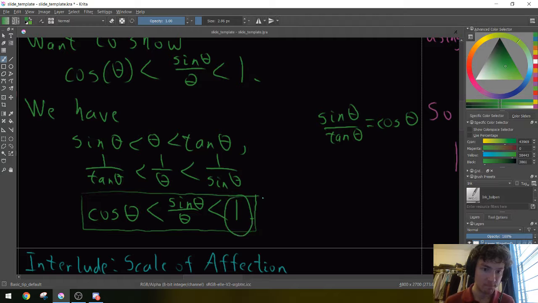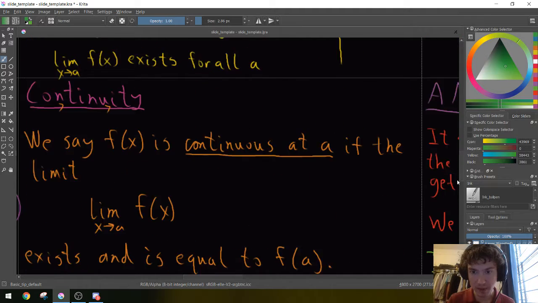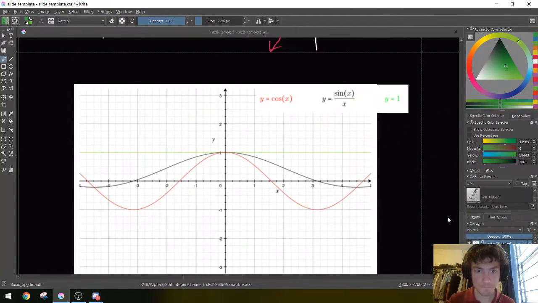The right side is just a constant function, so the limit of a constant function as we go to 0 is also 1. And therefore sine theta over theta is squeezed between those two limits. So it's just like we claimed in the image, that sine x over x, I guess I switched from x to theta, gets trapped between the constant value 1 above and the cosine below, and therefore its limiting value is also 1.